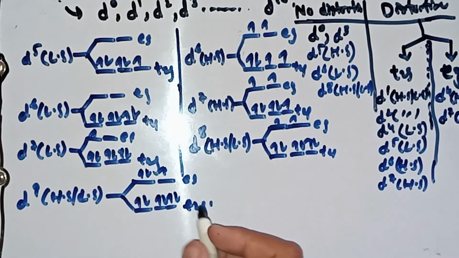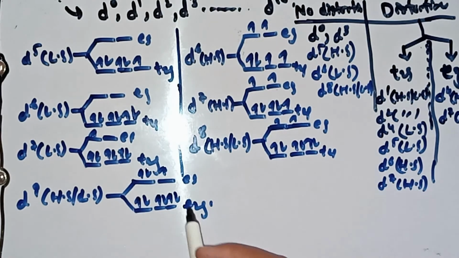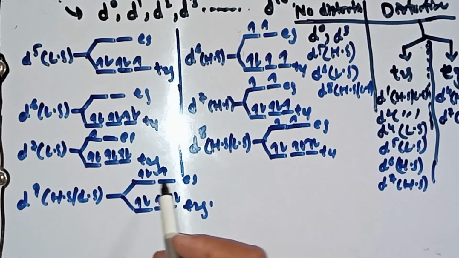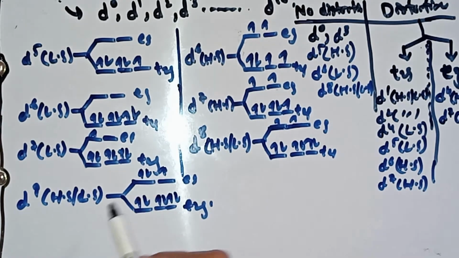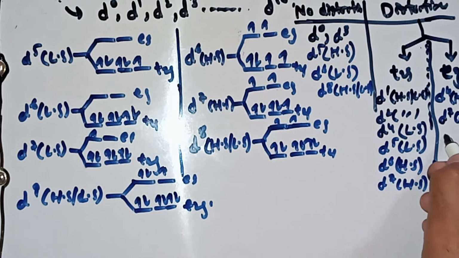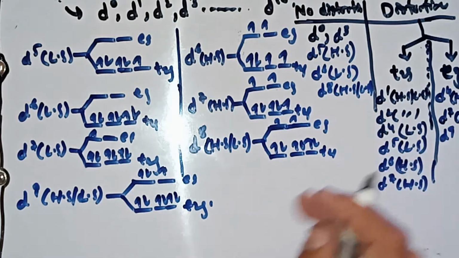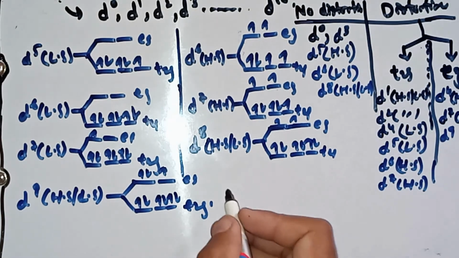So here the EG set is asymmetrically paired, so EG distortion will occur. So we can say that in a d9 system, high spin or low spin, EG splitting will be caused.